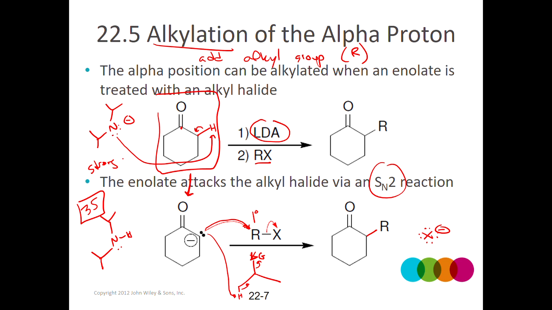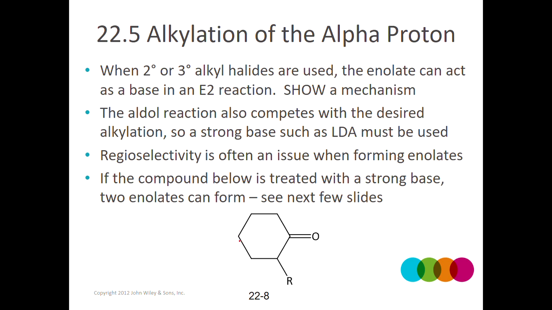So each one of those steps is very product favored because we're starting with a very unstable negative and making it a little bit more stable, well, significantly more stable each time the step occurs. And so, as we said, you can't use a secondary or tertiary alkyl halide because the enolate would more often attack as a base and do an E2 mechanism, which we just showed on the last slide.